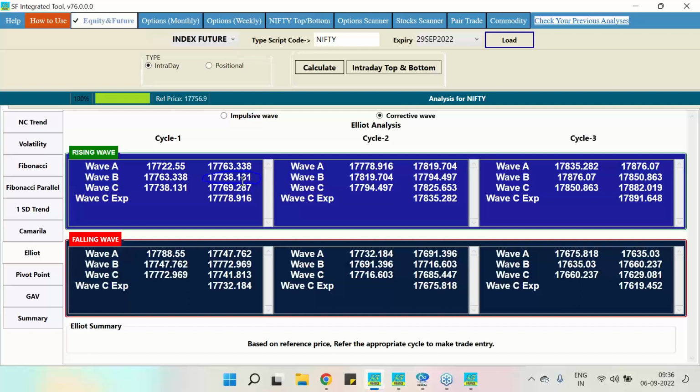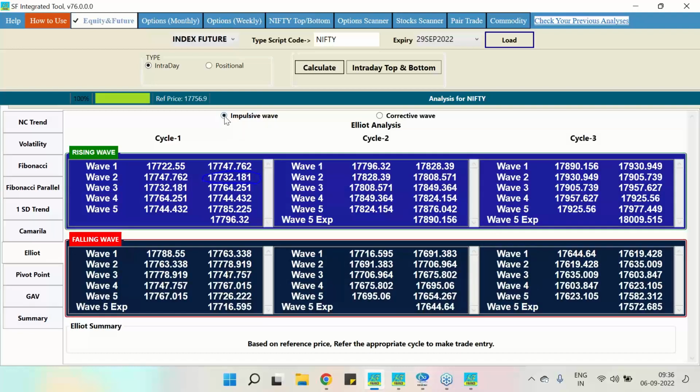Once wave 1 construction ended and wave 2 construction ended, at that time simultaneously wave A and wave B construction also will happen and end. Till this point it is not known, but after touching or retracing to a level of 17,732 or 17,738, if the prices are moving up, again I repeat, if the prices are moving up, then you can say that it is not in the corrective pattern, it is in an impulsive pattern.